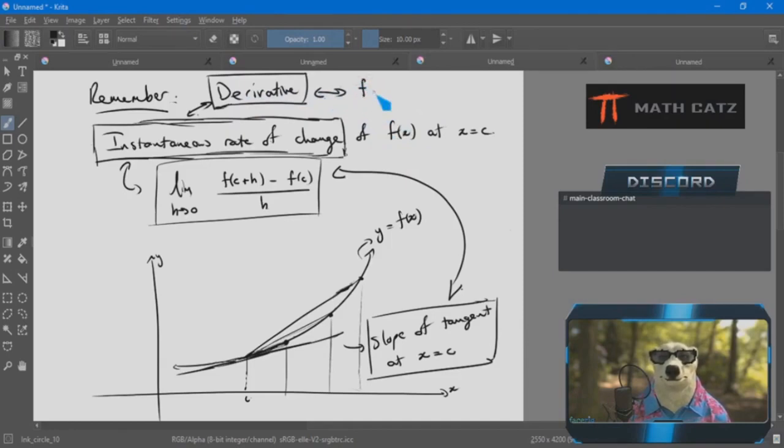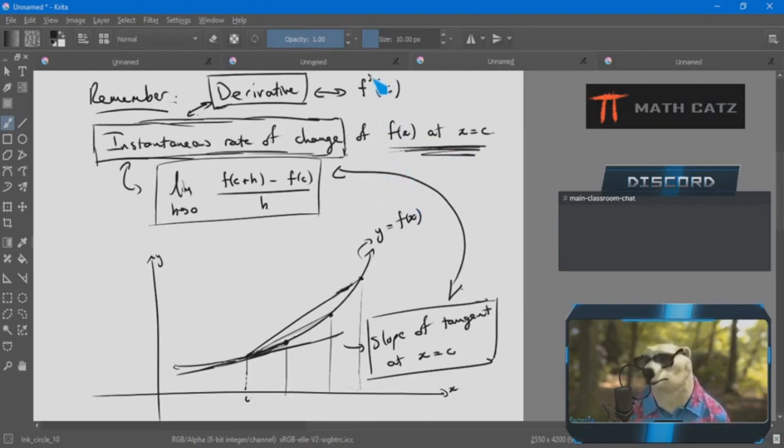I want to recycle the name of the function, but I'm going to put a little apostrophe there. And that is going to be the symbol for the derivative of f, the instantaneous rate of change of f, this limit definition, but it's at a specific x value, right? So I'm going to have to put the x value in question in there as well, so that I can capture all of this information in one go.